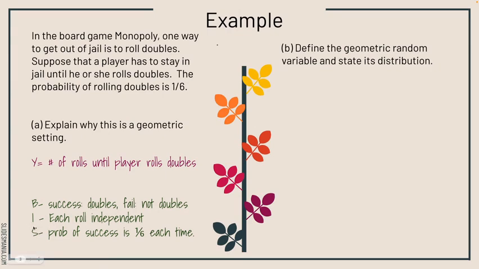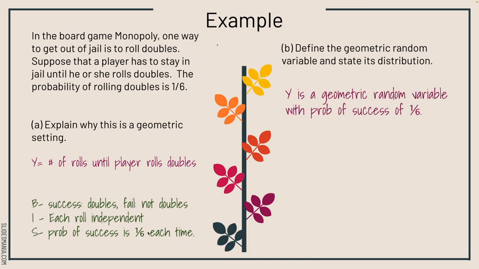Notice that there's not an N here, because N is the number of trials, but this says until they roll doubles. So we don't have an N value. And then S, probability of success, is 1/6. Okay, define the geometric random variable and state its distribution. Y is a geometric random variable with a probability of success of 1/6.